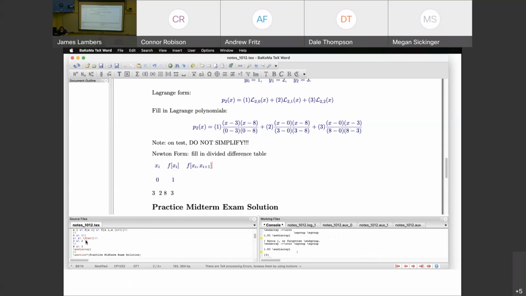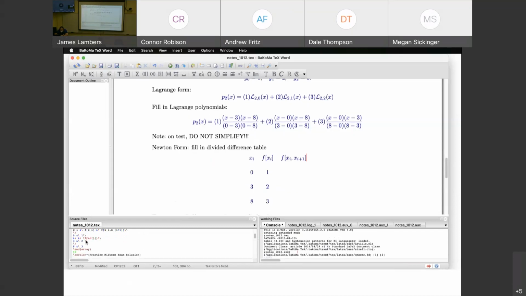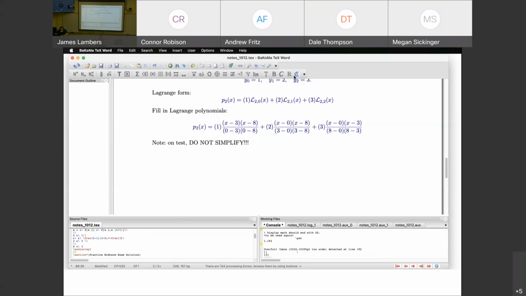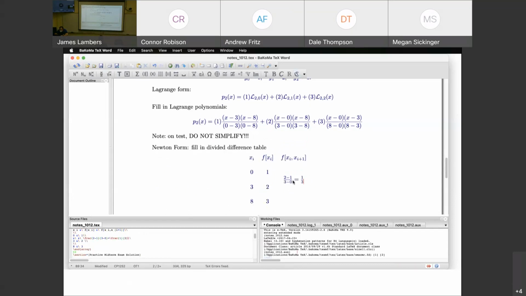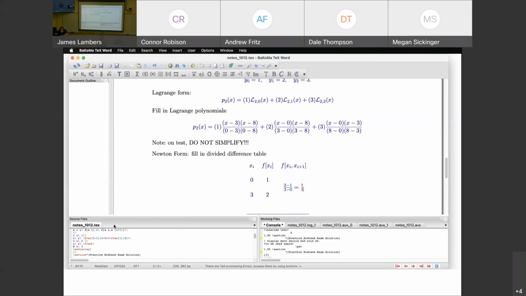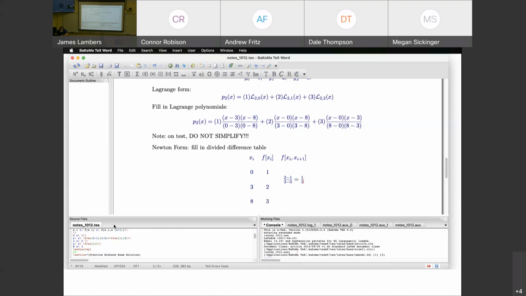All right, so I have 2 minus 1 divided by 3 minus 0. Okay, so we get 1/3. Okay. Then I have down below, okay, so 3 minus 2 divided by 8 minus 3, so that's going to be 1/5.